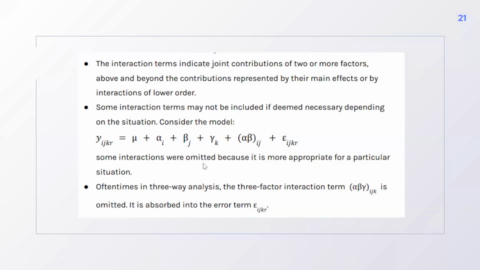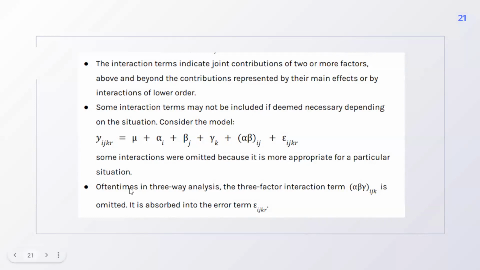Some interactions were omitted because it is more appropriate for a particular situation. And of course, ang goal natin is mas magmukhang simple. Simple lang yung model natin, pero accurate. Mas konti, mas better. Pero dapat accurate pa rin. So tatanggalin lang po natin siya pag insignificant na po.